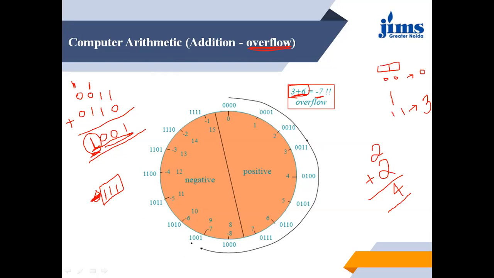From here also you can see that we are getting 1001, 1001, and this is equivalent to -7.